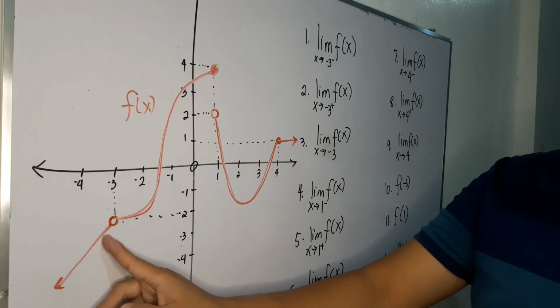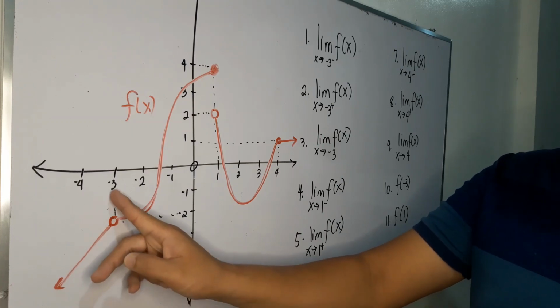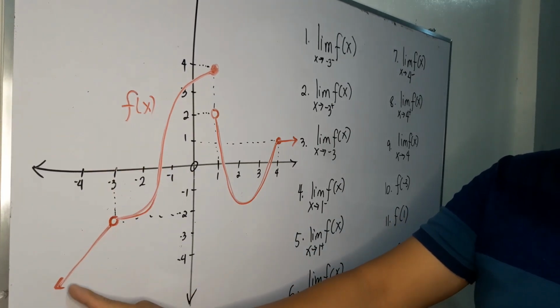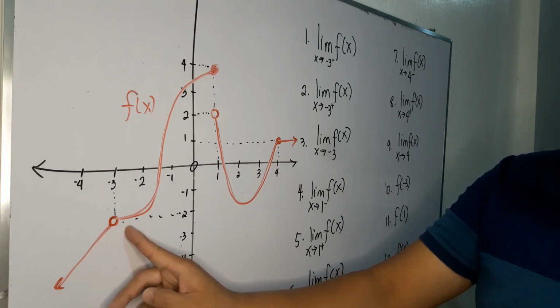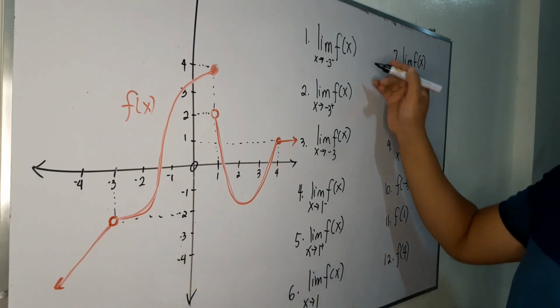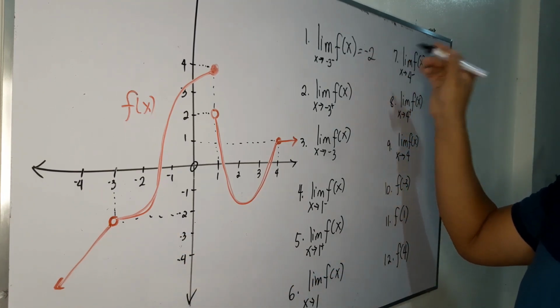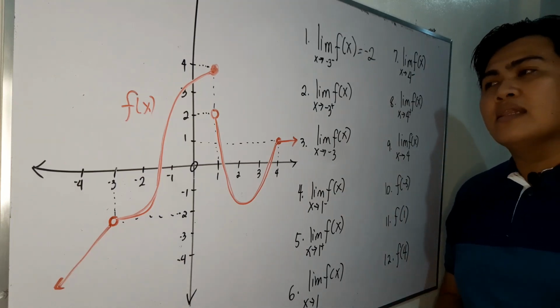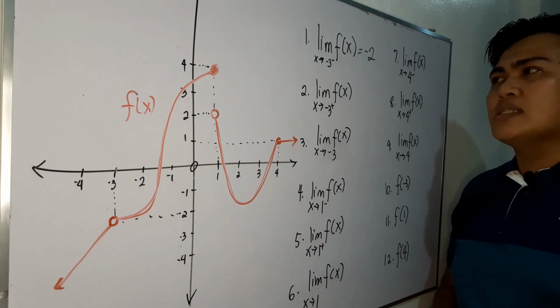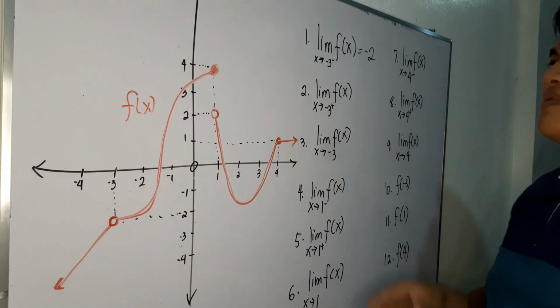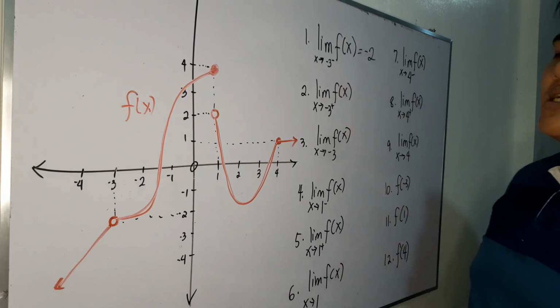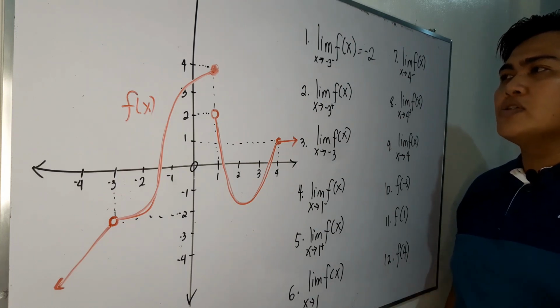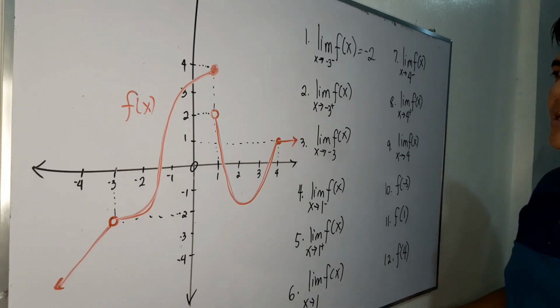So from the left, as we approach x equals negative 3, y values approach negative 2. Since the limit of a function is the value that the function approaches as x approaches negative 3, but we have a minus here, that means we will approach negative 3 from the left.